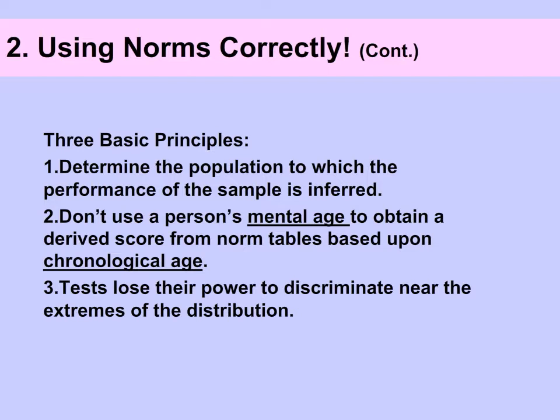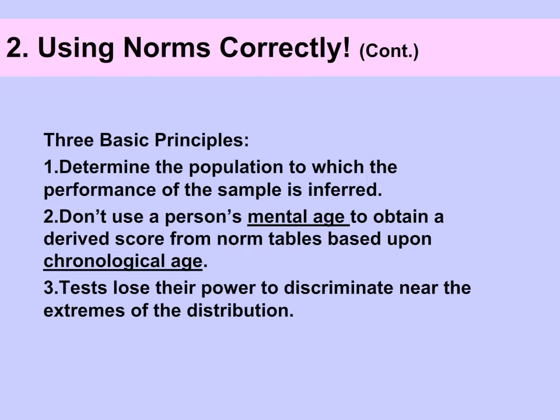Concerning Principle 1, we must use the test only when the norm sample matches the population that we are testing. Concerning Principle 2, we must use the true student's chronological age when looking at test results of a student. Then we can compare how one student does compared to average scores for the student's same age. That is the correct use of norms.